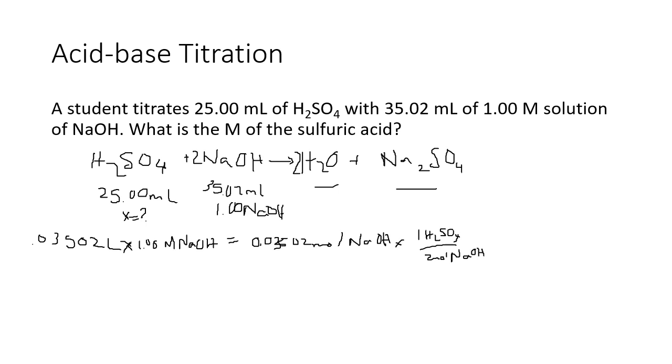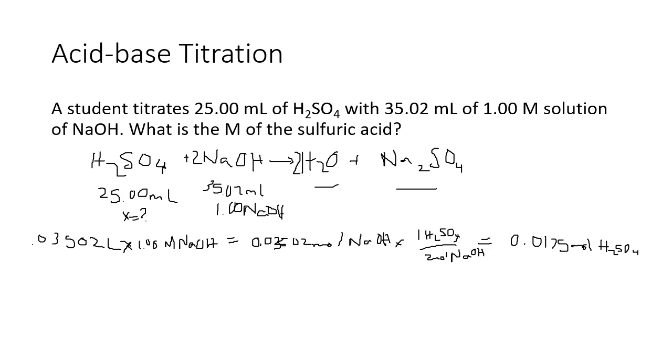And when I do that, I find that instead of 0.03502 moles, I now have 0.0175 moles, and I've rounded to the sig figs of my molarity, of H2SO4.